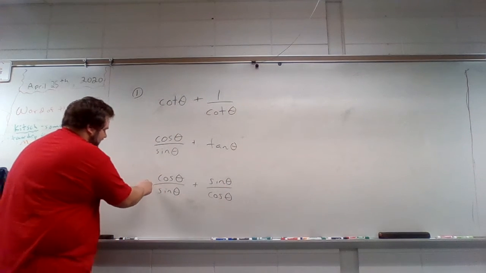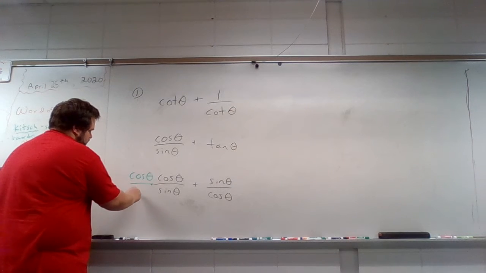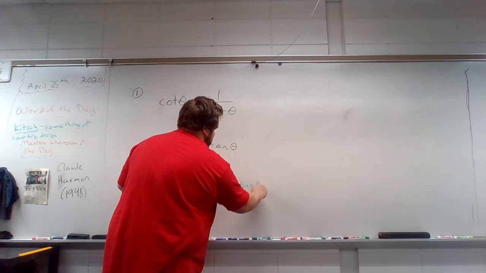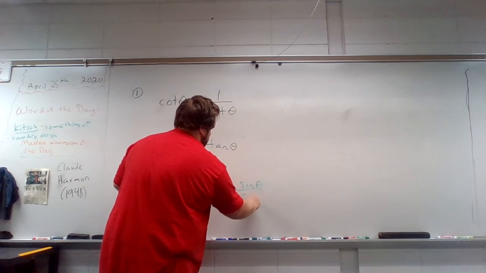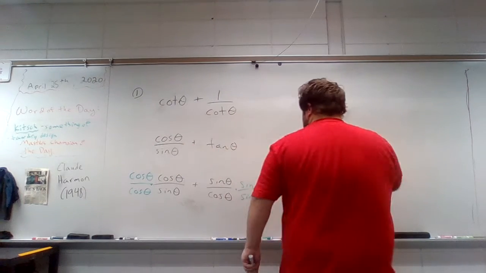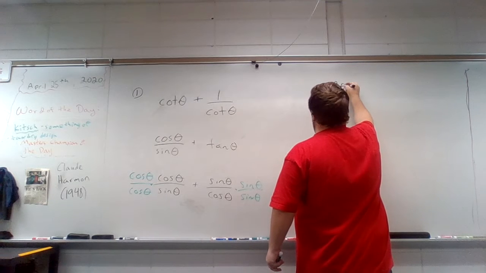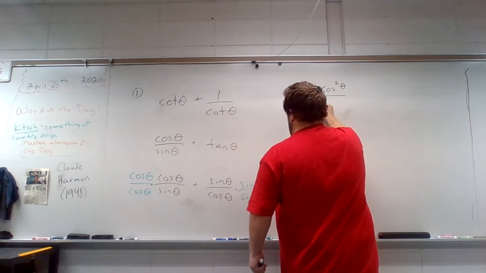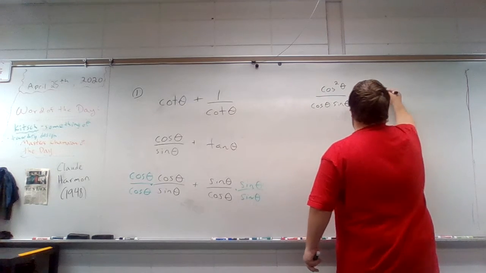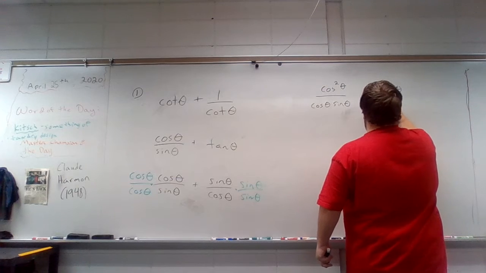I would need to multiply this guy by cosine, and this guy by sine. That way, if I add them together, I've got cosine times cosine is cosine squared over cosine times sine, plus sine squared over cosine times sine.